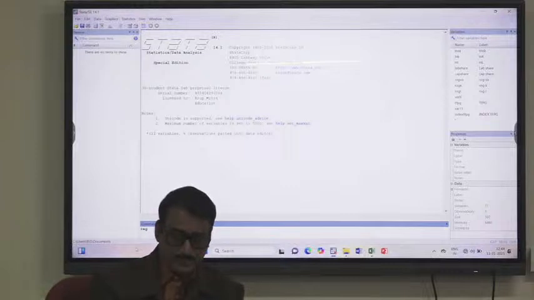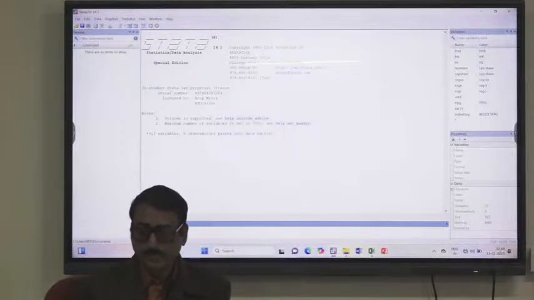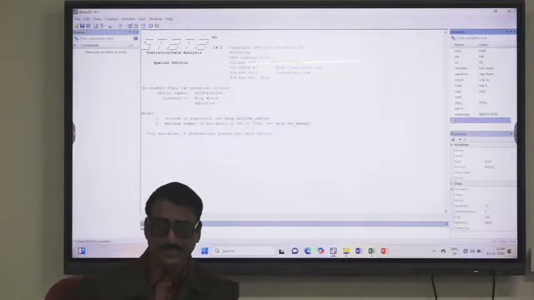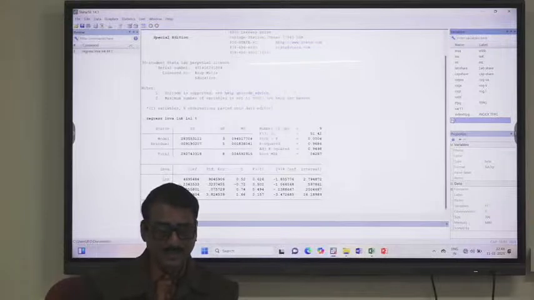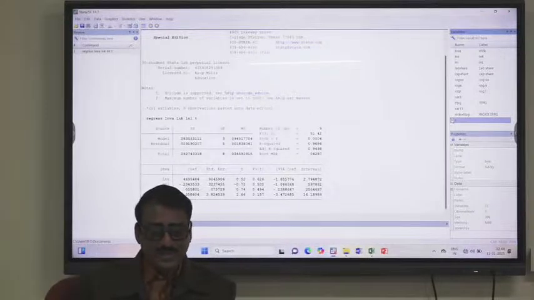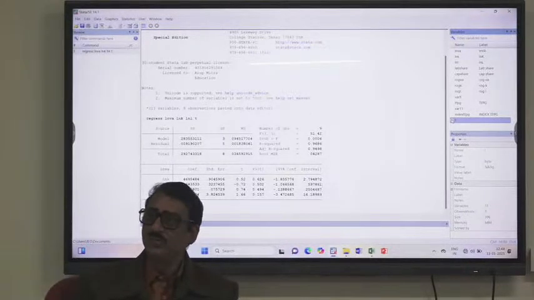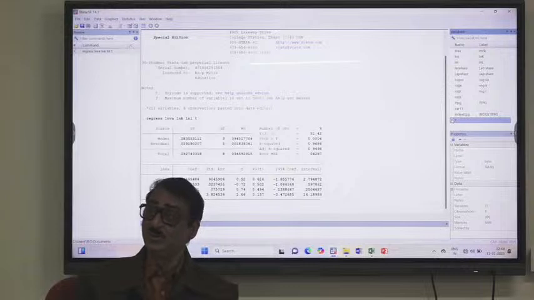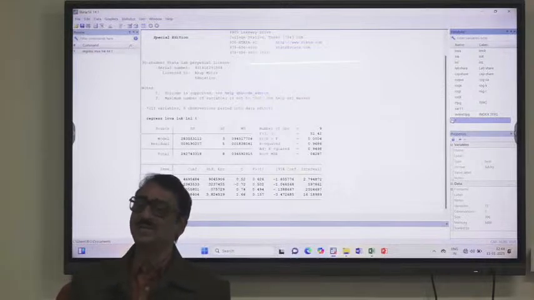What I will do, regress log of value added on log of capital, log of labor, and T. This is pure econometric. Okay. What is the coefficient of T? 0.74. So 0.74 into 100. How much will it be? Huge. This shows there is a huge total factor productivity.